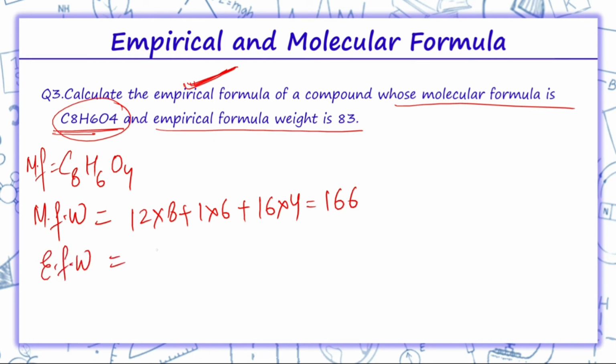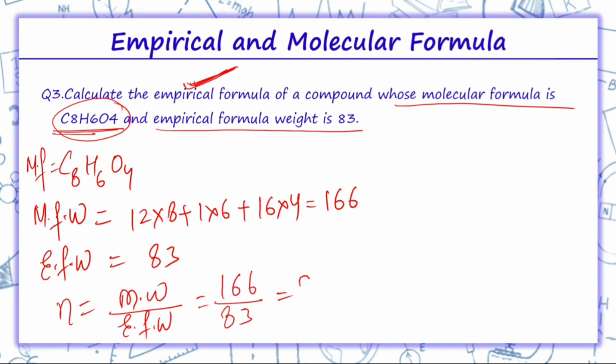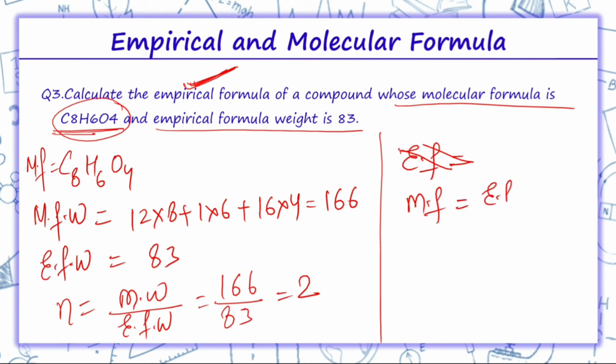The empirical formula weight is 83. So N will be molecular weight upon empirical formula weight, which is 166 upon 83, thus it is 2. Now we know molecular formula is equal to empirical formula into N. So this is C8H6O4, and the value of N is 2.